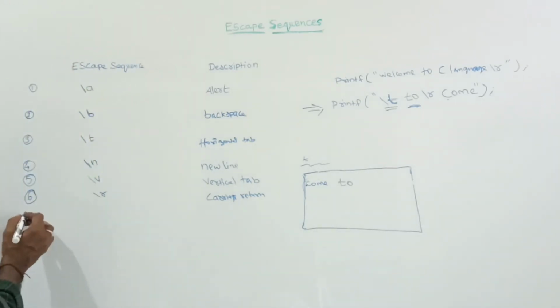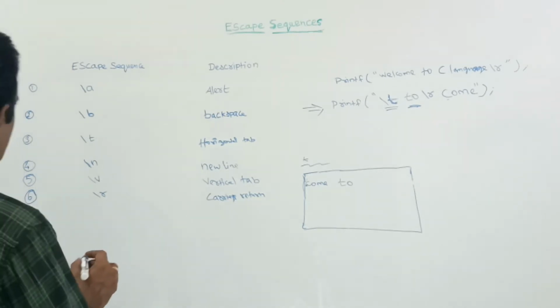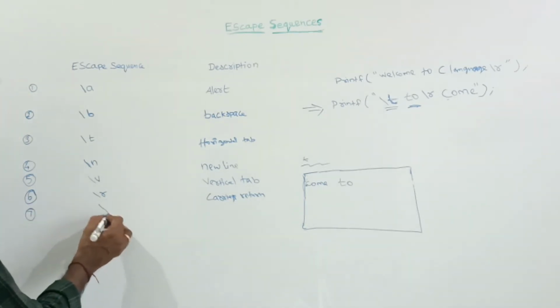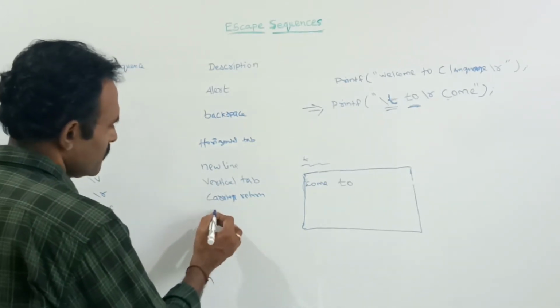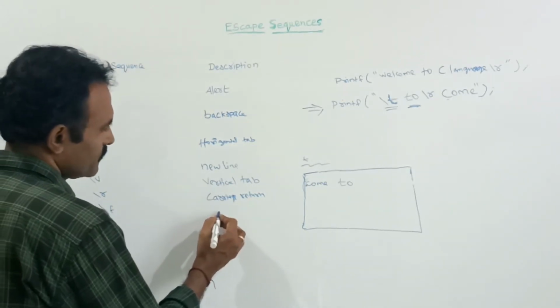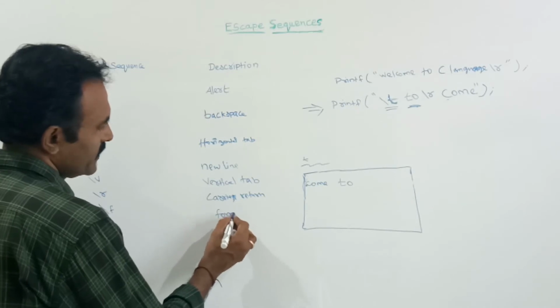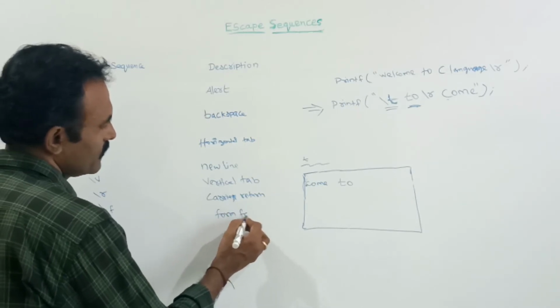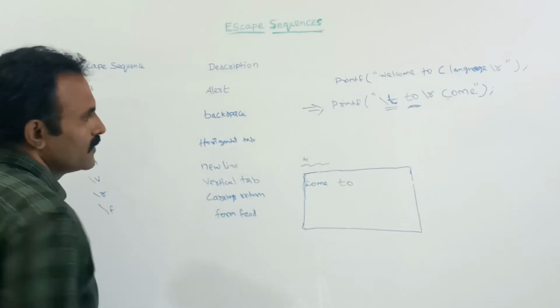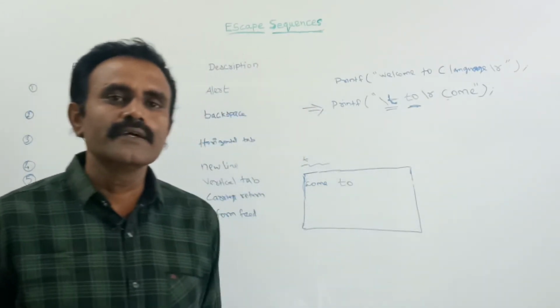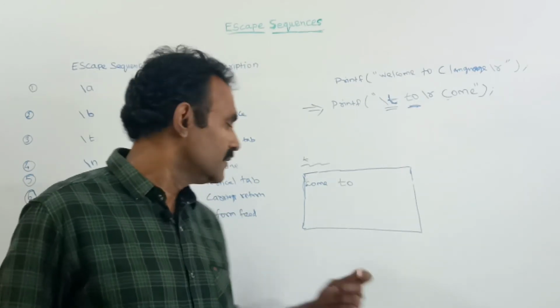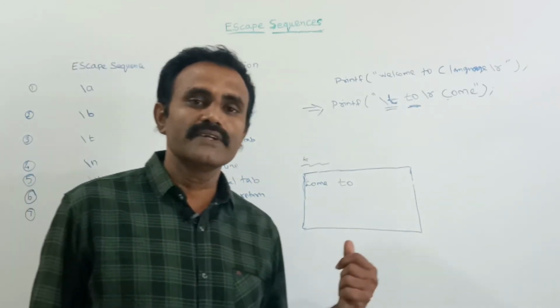Next one, \f. This is form feed. Suppose you are taking a print, and in the print there are a number of pages.